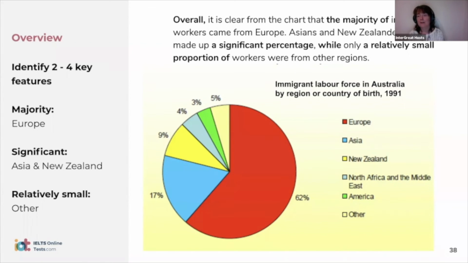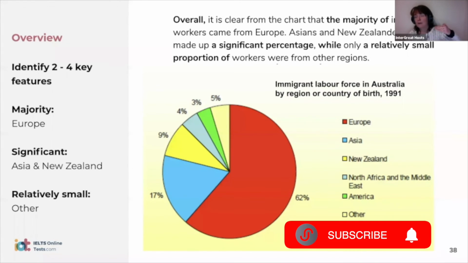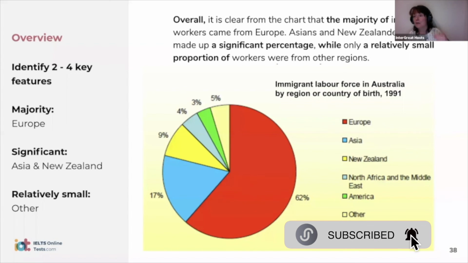It's also very important to put your overview in a separate paragraph. Make sure that it's easy for the examiner to see this is the overview, and then they can give you a very high score for that. So introduction, 1 sentence, overview, 2 sentences, only the key features.